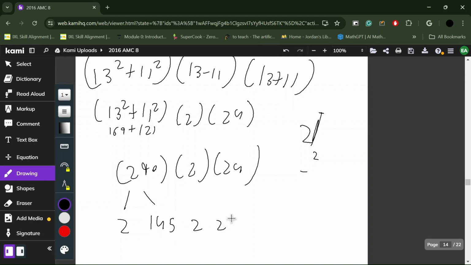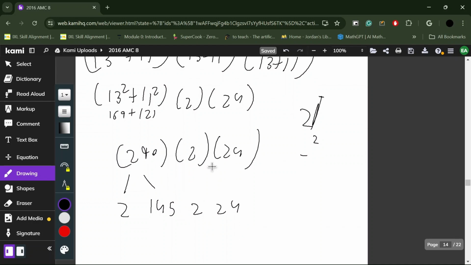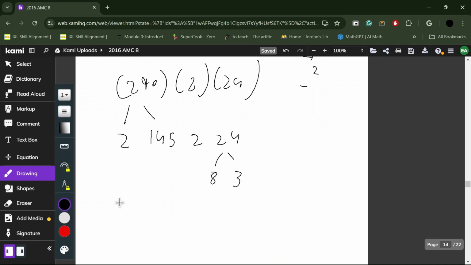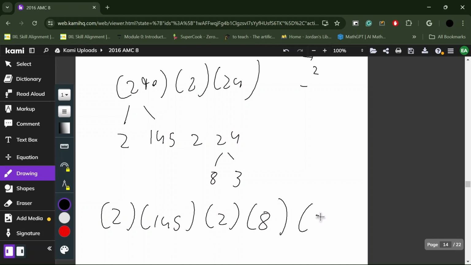Then 2 and 24. With 145 and 24, we can put this into two things: 8 and 3. So our numbers are 2 times 145 times 2 times 8 times 3.